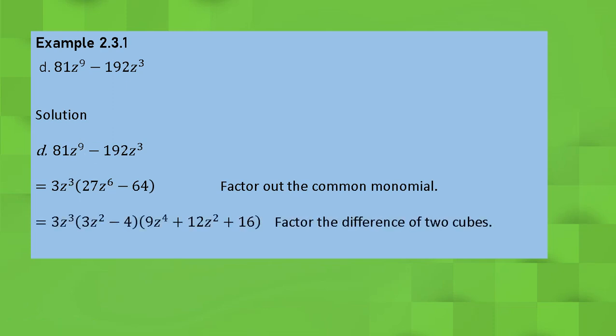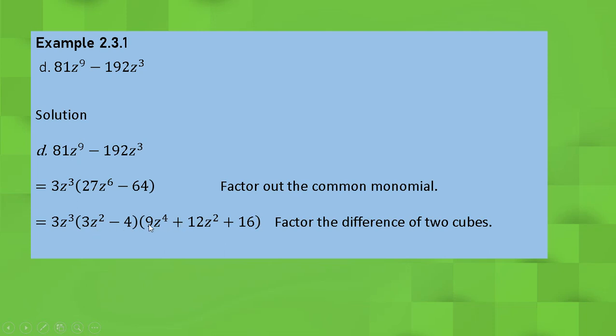And then, factor the difference of two cubes. So, 27z to the power of 6 minus 64. The cube root of 27z to the power of 6 is 3z squared. And then the cube root of 64 is 4. And then the next factor, the a squared, right?